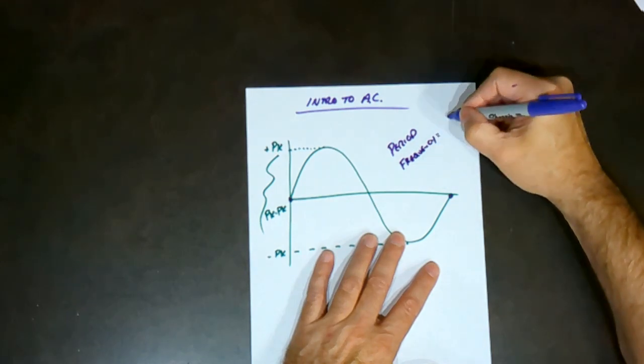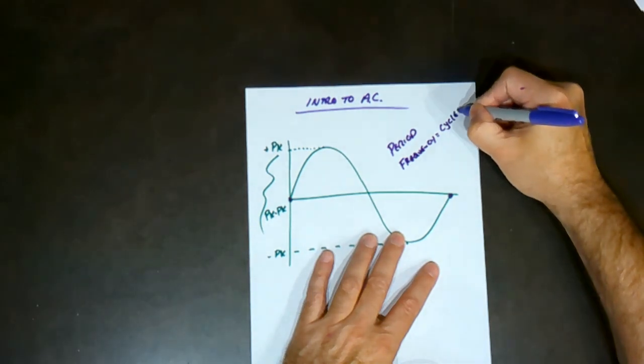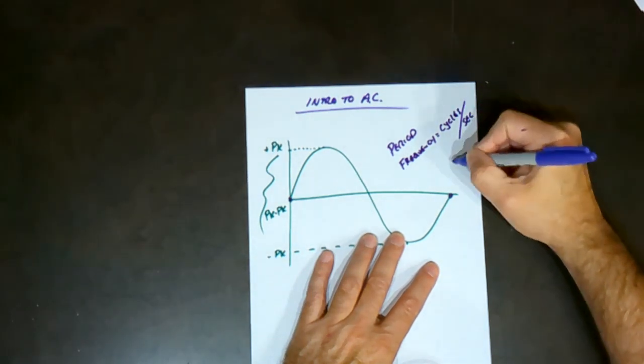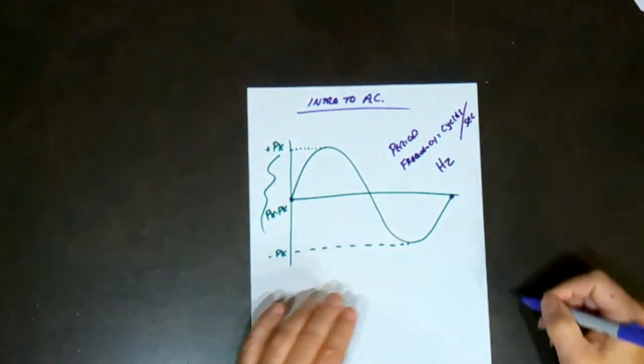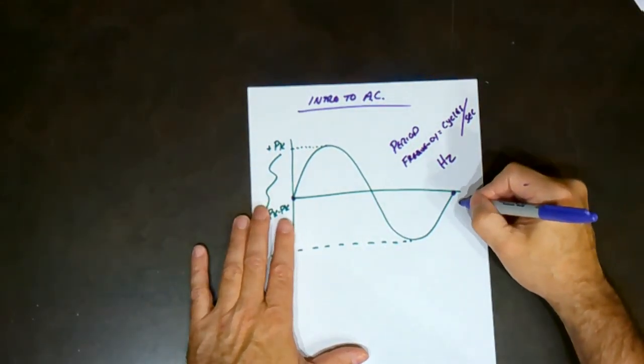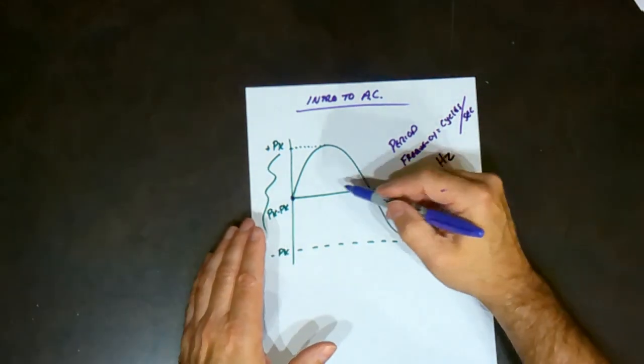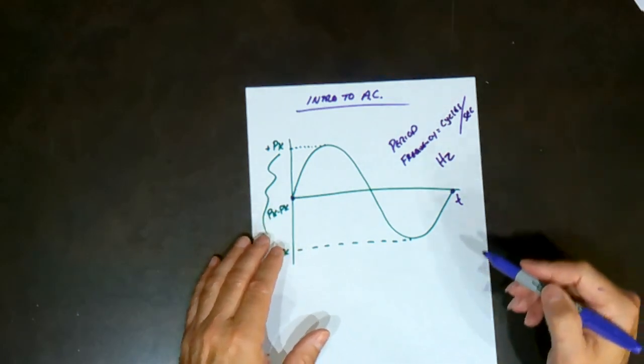So the frequency is equal to the cycles per second. And the unit for that is called the hertz. So period is a measurement of time. Frequency is a measurement of how many we get in 1 second.